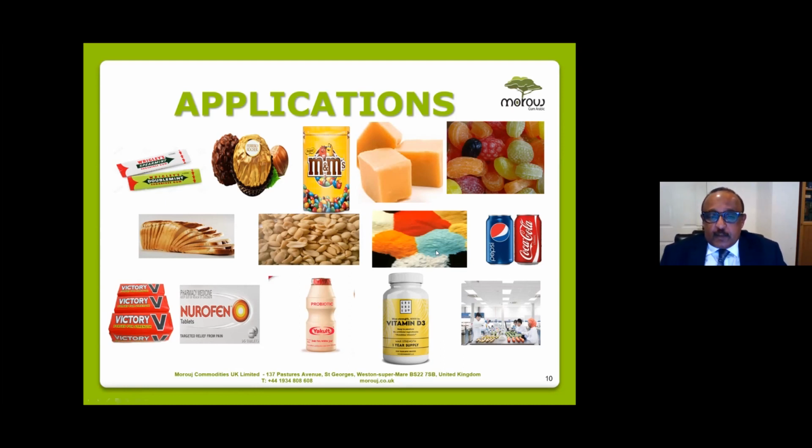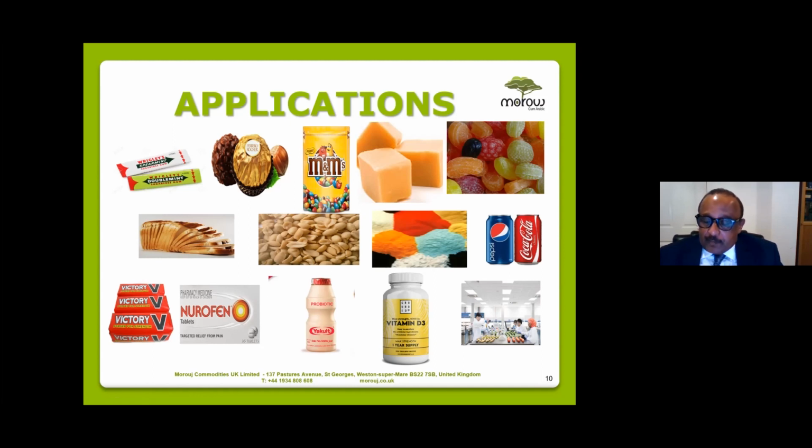For encapsulated powders, gum Arabic is also used with oil-soluble flavors and oil-soluble vitamins like vitamin D. I know it's very important nowadays. Most people started taking vitamin D supplements to combat the COVID problem.